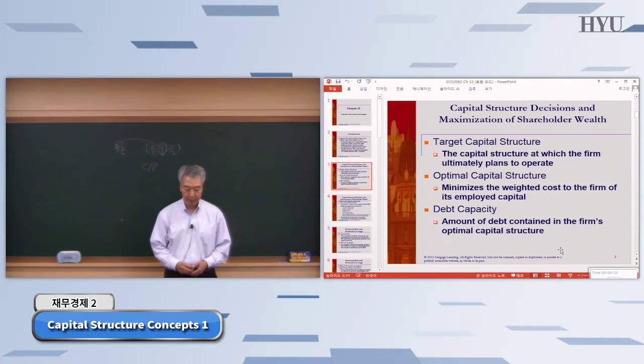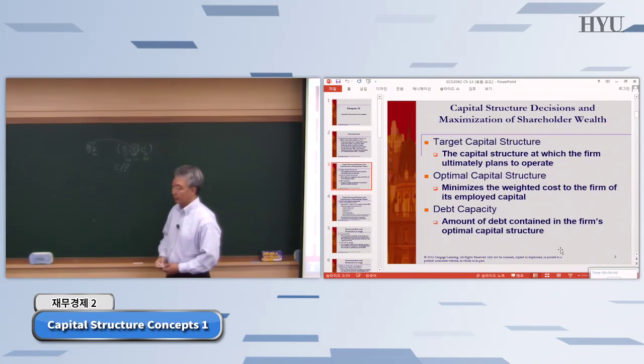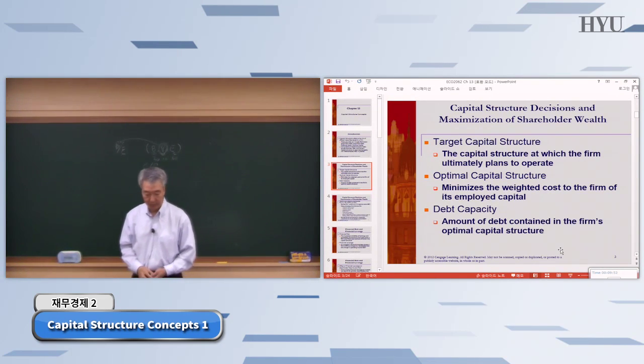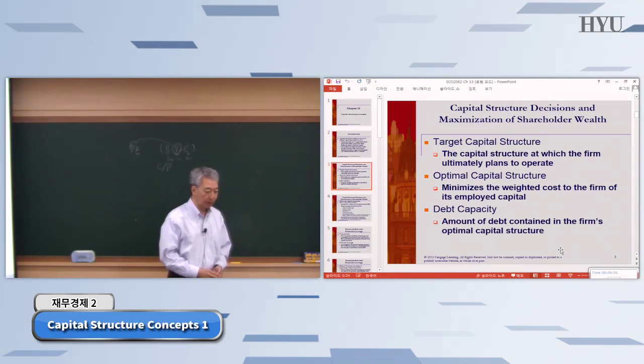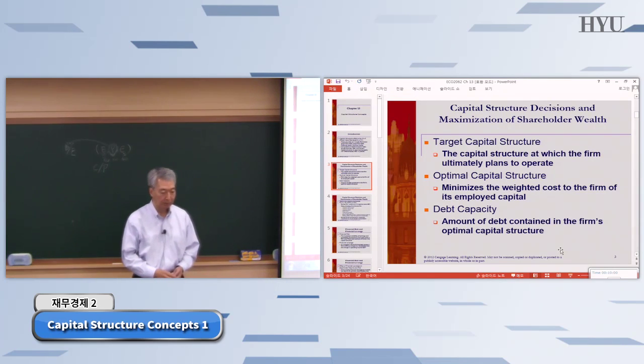Companies have their target capital structure, maybe something like 30, 10, 60, which is 30% debt, 10% preferred stock, 60% equity, and so on, and they try to maintain their target capital.